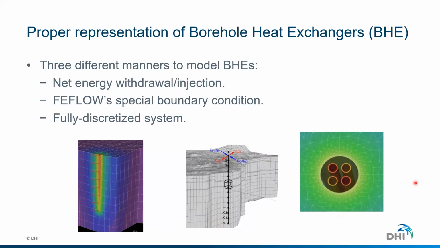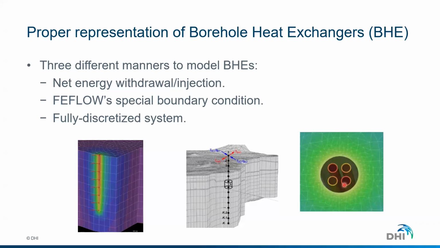Or you have an approach which is less commonly used, but is still possible, where you have a fully discretized system, where you see here a typical double U shape, where the inlet and outlet pipes, the grouts and the wall thickness of the pipes are discretized, so they are part of the mesh, and FEFLOW is able to calculate the temperature at any location in this geometry.